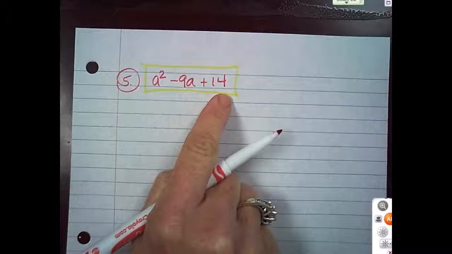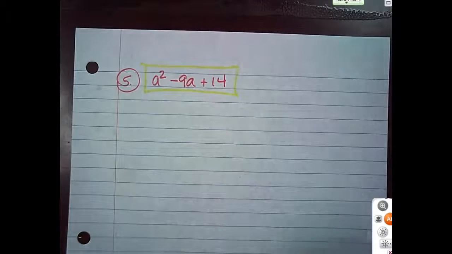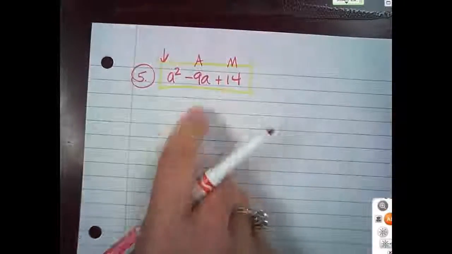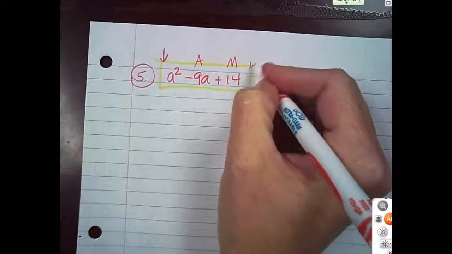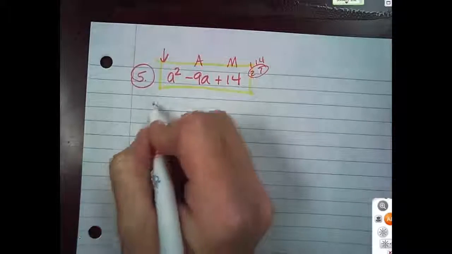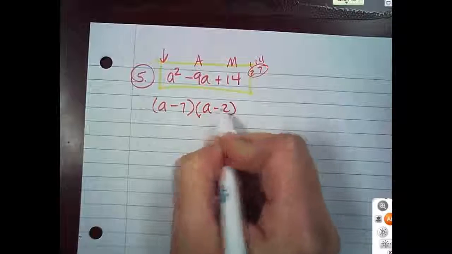So it's a trinomial you're going to factor. It has no GCF. There's no leading coefficient. There's nothing here but a 1. So this is the shortcut, the easy one, the AM, right? Add to give me negative 9, multiply to give me 14. Well, multiples of 14 are 1 and 14 and 2 and 7. So it's the 2 and 7. So you just want a minus 7 and then a minus 2. And you're done.